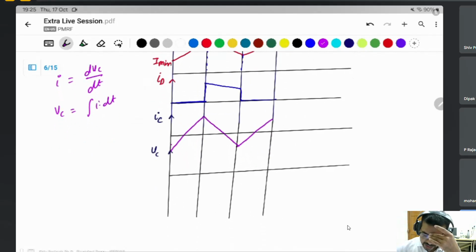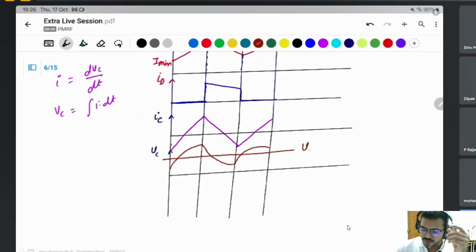If you integrate the ramp signal, it will appear as a parabolic signal on the output. With a negative and positive slope, when the positive slope is there, the parabola is increasing. Like that. The average of this one will be the output voltage.